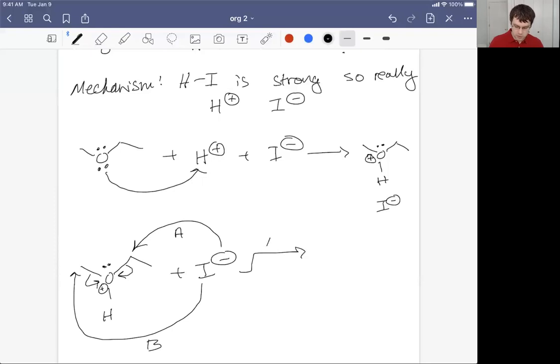Now, if we go through route A, we're going to keep the carbon-oxygen bond on the left and break the carbon-oxygen bond on the right. That's going to give us these 2 products. If we go through path B, we're going to break the carbon-oxygen bond on the left and leave the carbon-oxygen bond on the right.